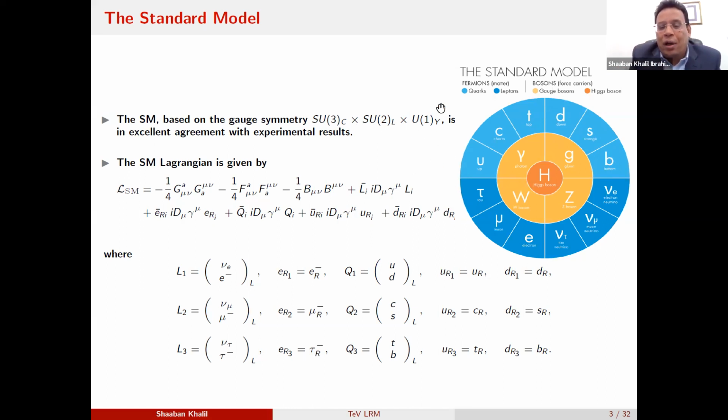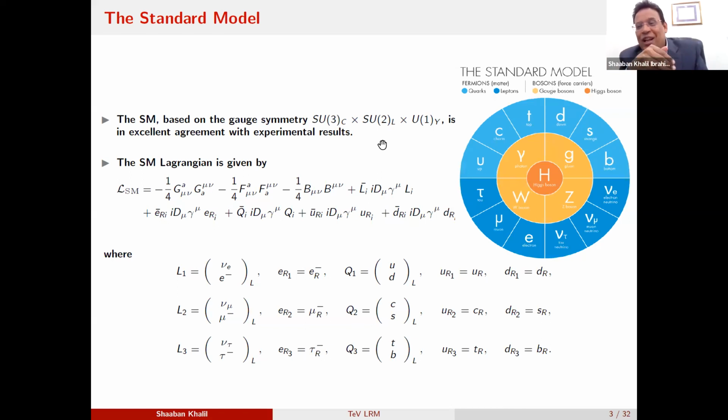They may feel the interaction of the hypercharge because they are charged under U(1) hypercharge. They are charged under SU(3) like the right-handed up or down quark, but they are neutral under SU(2) left. So this is the way of constructing the standard model based on this assumption and this mistake.